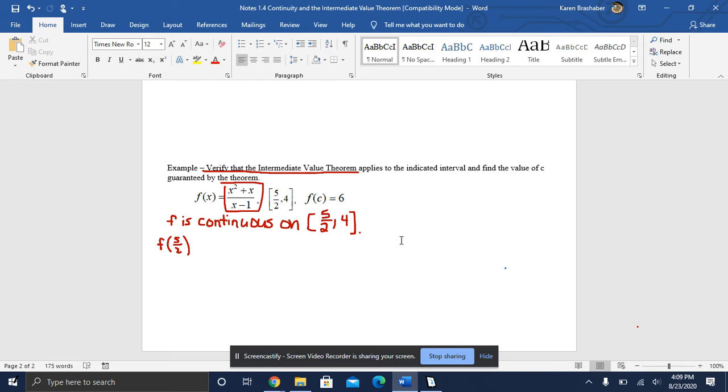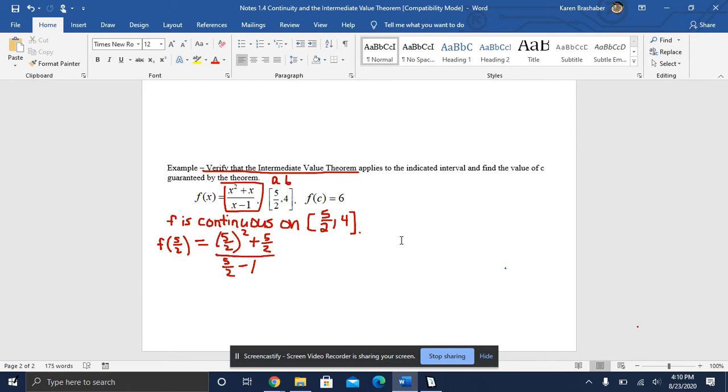The next thing that you have to do is to verify that your two endpoints, so the 5/2 is the A, and the 4 is the B, do not equal each other. So f of 5/2, we would have 5/2 squared plus 5/2 over 5/2 minus 1.